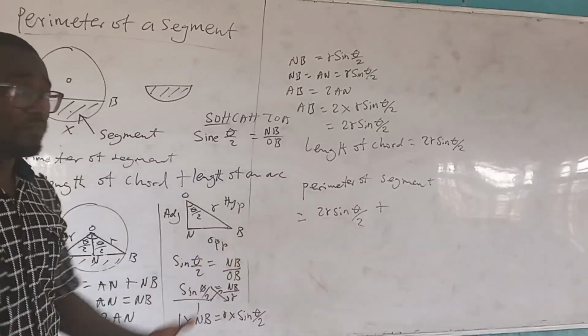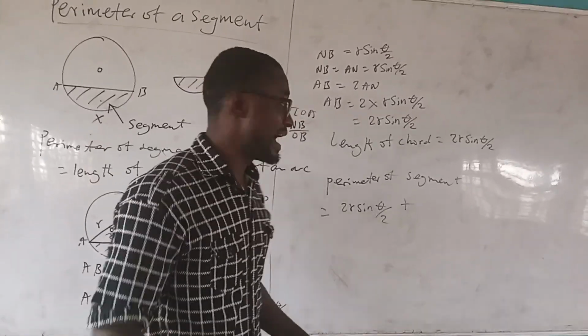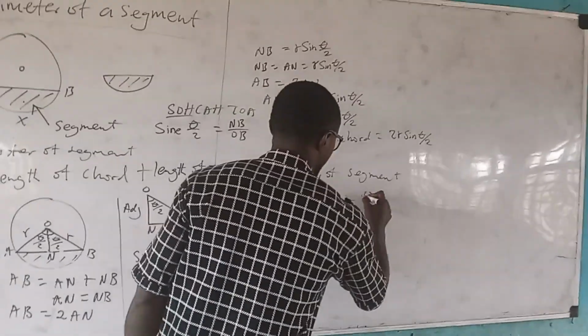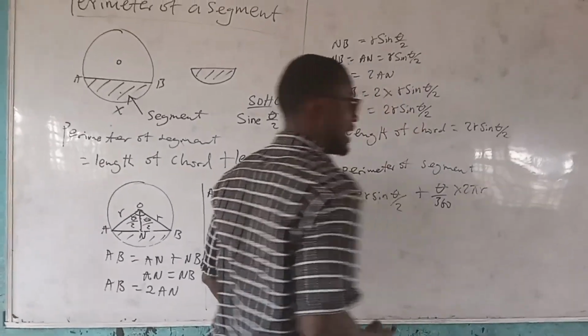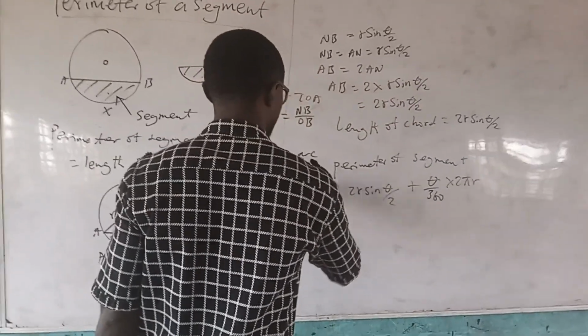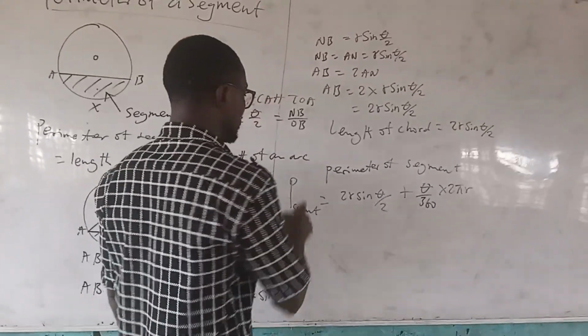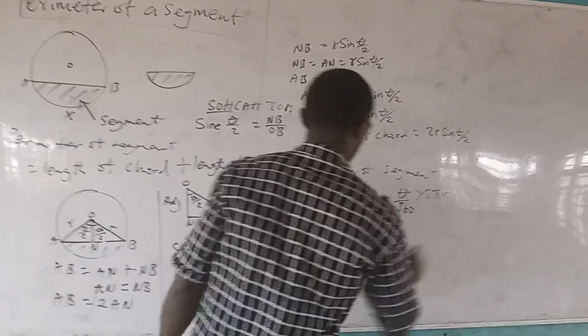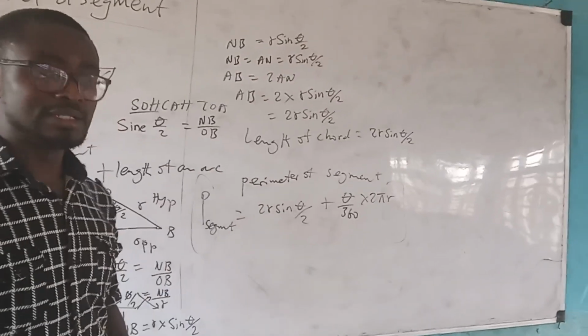Remember in our previous video, we already derived how to determine the length of an arc, which we know to be theta over 360 times 2 pi R. And all this together gives us the perimeter of our segment, to use our formula for calculating the perimeter of a segment.